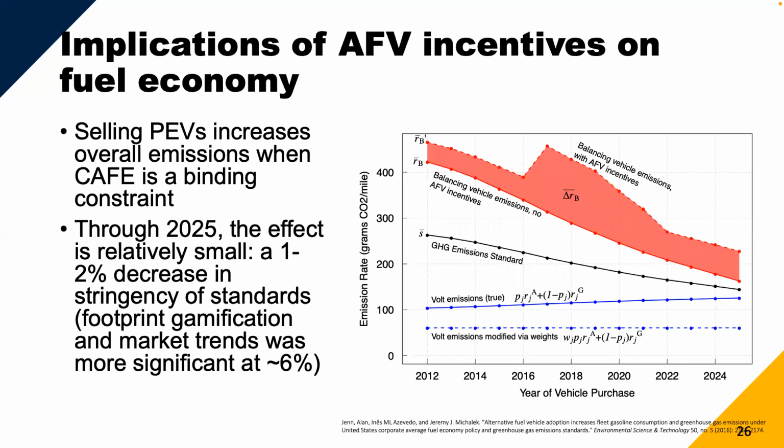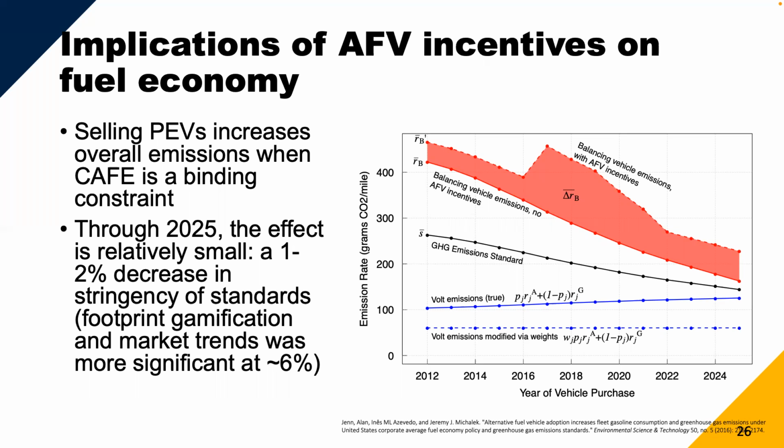So there are some important implications of these alternative fuel vehicle incentives on fuel efficiency. Because of CAFE, let's go back to this example of the Nissan Leaf. Every time Nissan sells this Leaf, it's really clean.